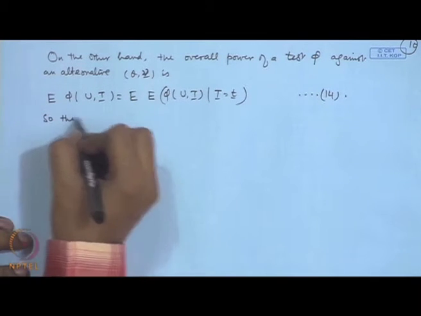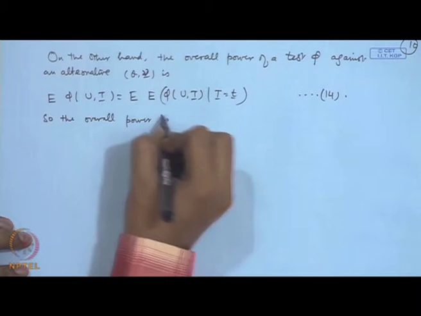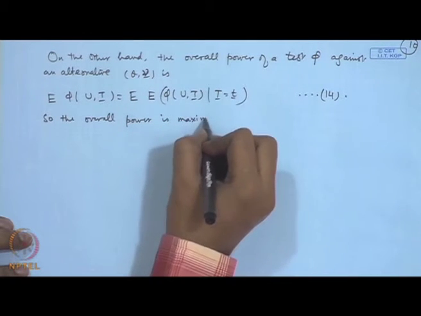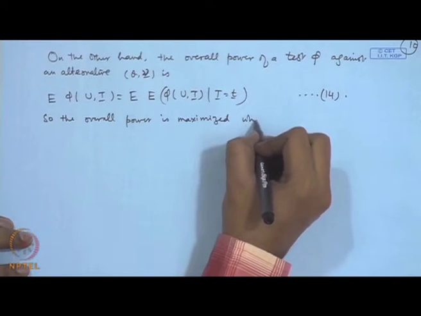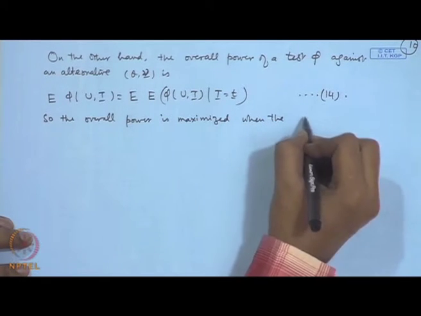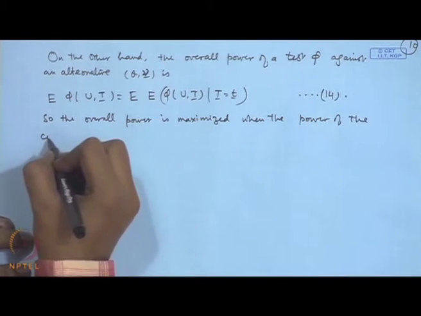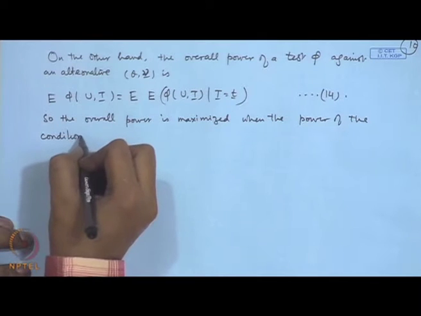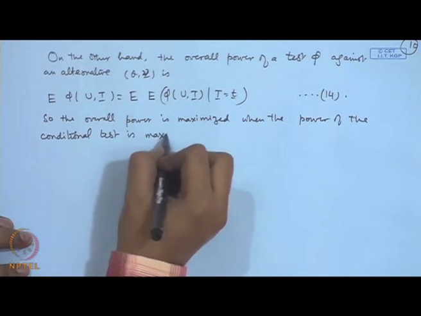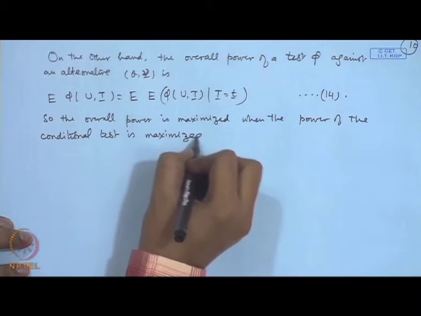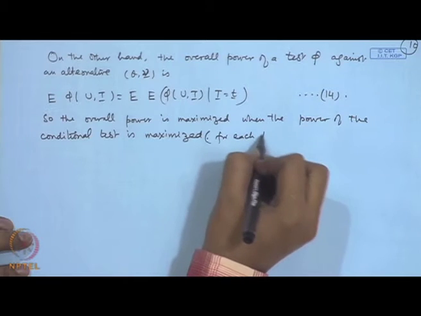So, the overall power is maximized when the power of the conditional test is maximized for each t.